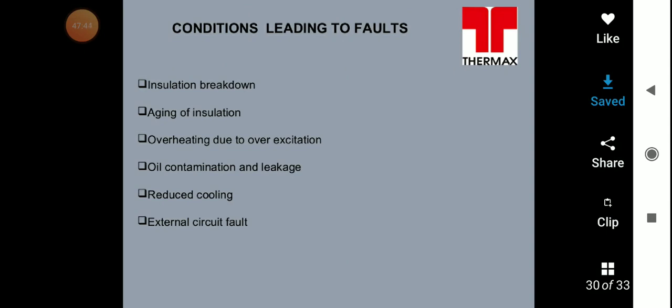We discussed the remaining topic of the classification of transformer and application of the transformer, the specification of transformer and losses in the transformer, and we also discussed the faults which occur in the transformer in this class.